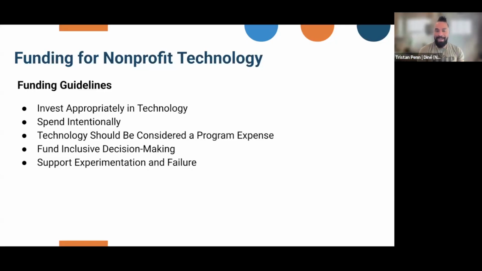I think also, a few other things in terms of funding are supporting experimentation and failure, and specifically the failure piece. Oftentimes when organizations bring me in to consult on a project management piece, they need structure and guidance on how to change into it, insight on decision making and project planning.